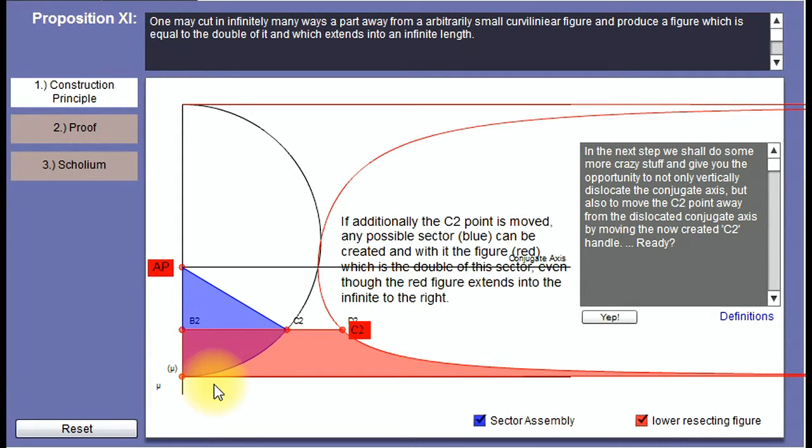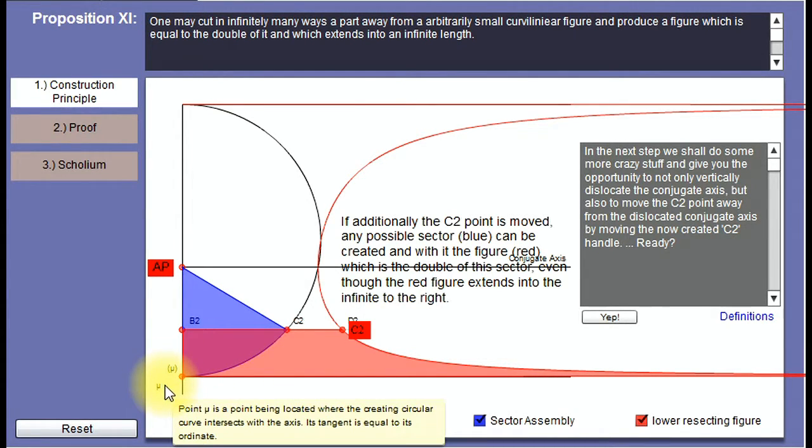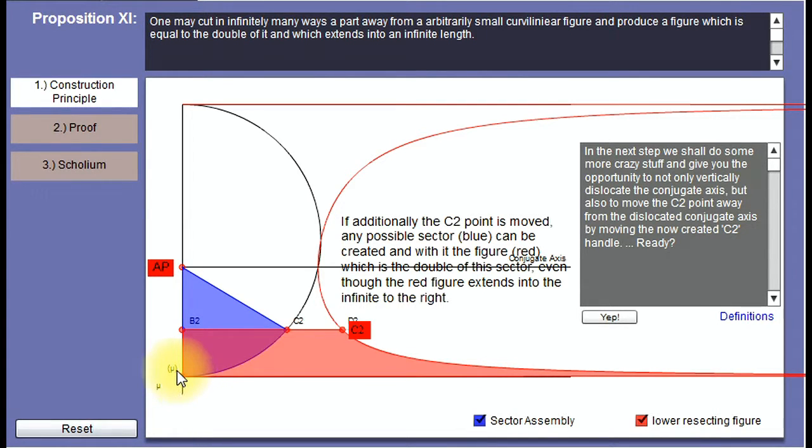takes care of the fact that you do not deal with an asymptote anymore, because although the distance between micron and micron brackets is infinitely small, micron brackets is still a different point than micron, so it's different from the apex point. But if you create the ordinate from this point, it's still to be considered as an infinitely long line.